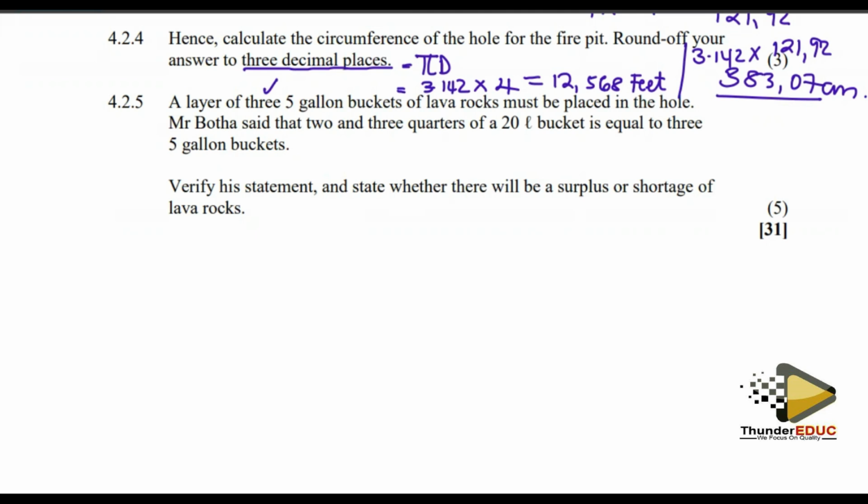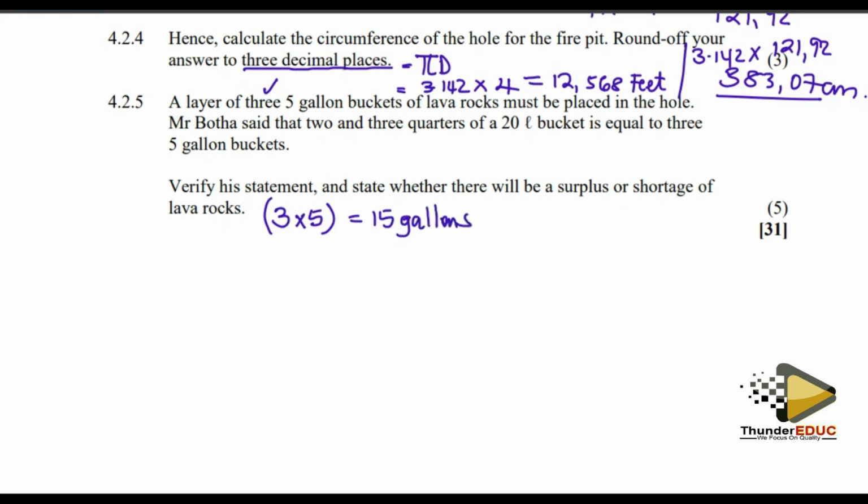Suppose I said that 2 and 3/4 of a 20-liter bucket is equal to the. So we say the 3. In other words, this is 15 what? These are 15 gallons.